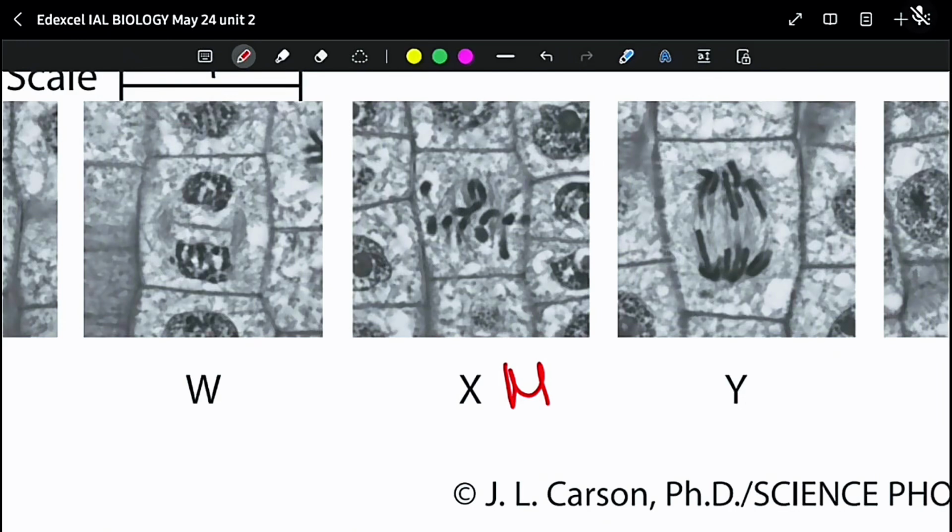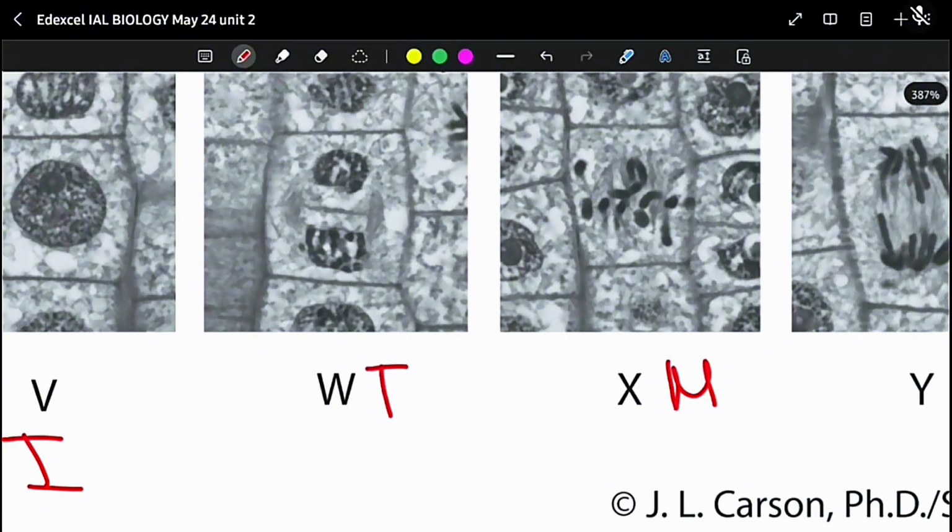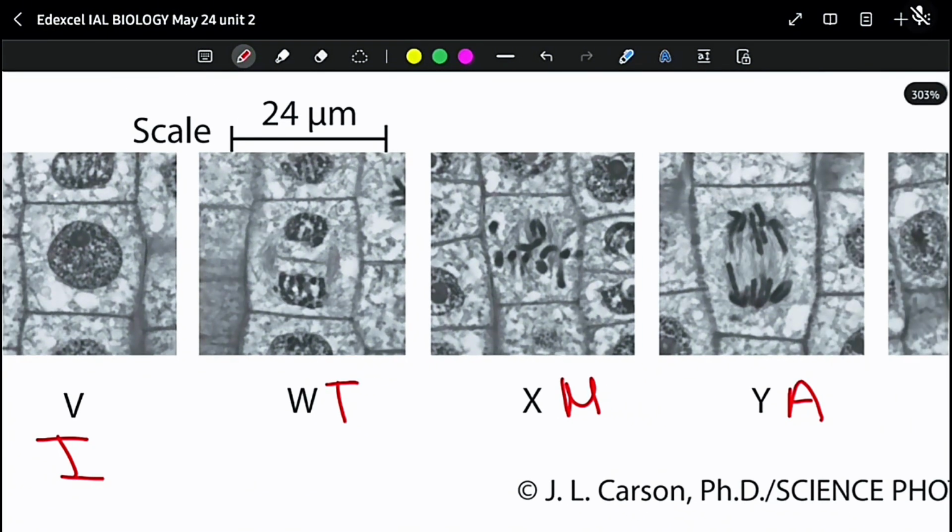Then anaphase. So Y is anaphase because the sister chromatids are separated and pulled towards the opposite poles. And the last one, W, has to be telophase, and we can also see that the separated chromosomes have arrived at the opposite poles.